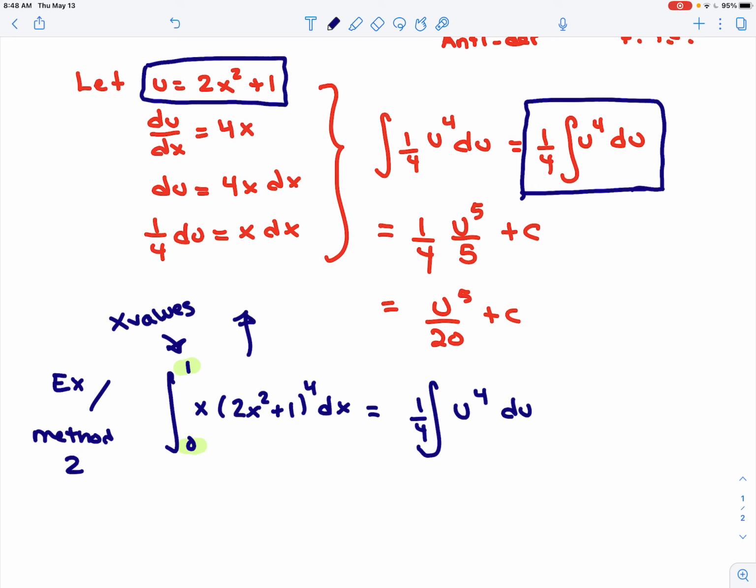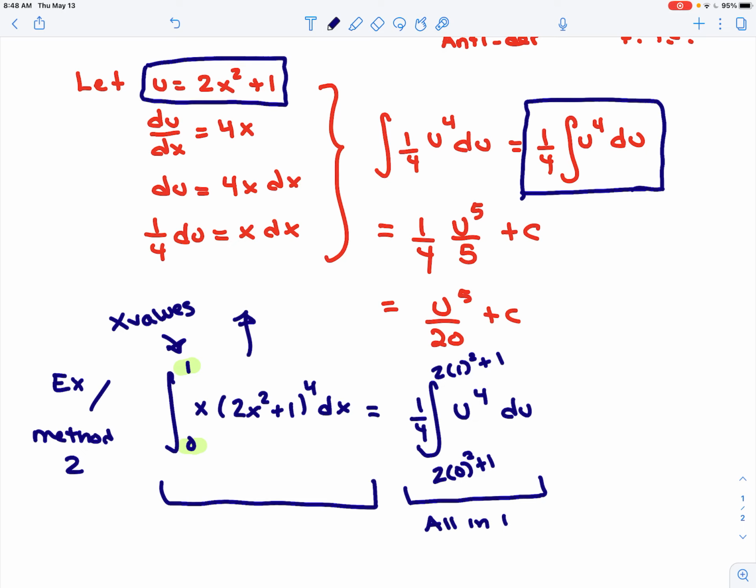I'm just going to write this all out so you can see it. I would say 2 times 1 squared plus 1 and 2 times 0 squared plus 1. So if you actually change those to u values, you can just not substitute back and just evaluate this integral, which will be the same as this one if it's all in terms of u.